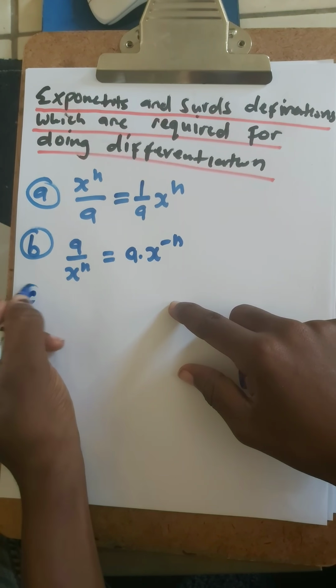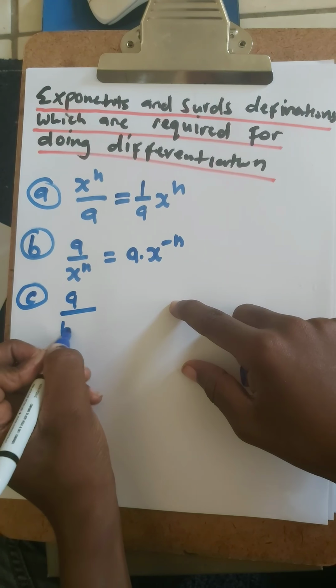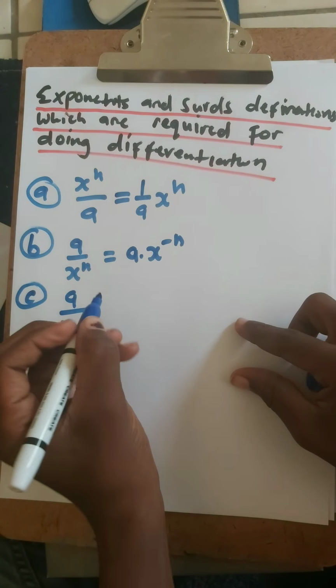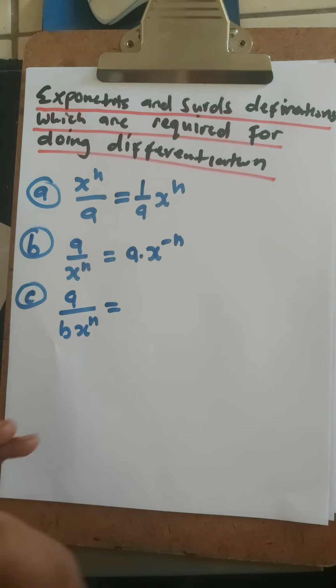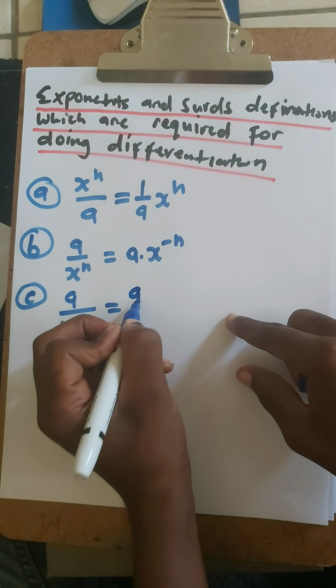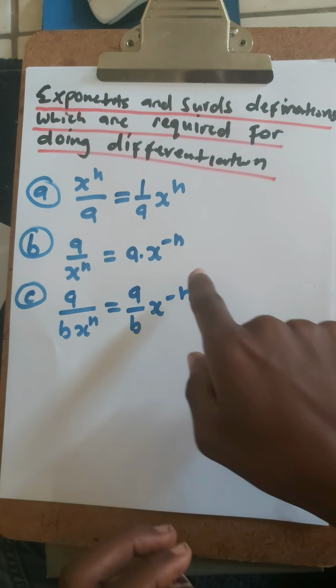Then we have c, a b x to the exponent n. The other exponents are just constants. So we write 1 over a over b x to the exponent minus n, then you can differentiate easily.